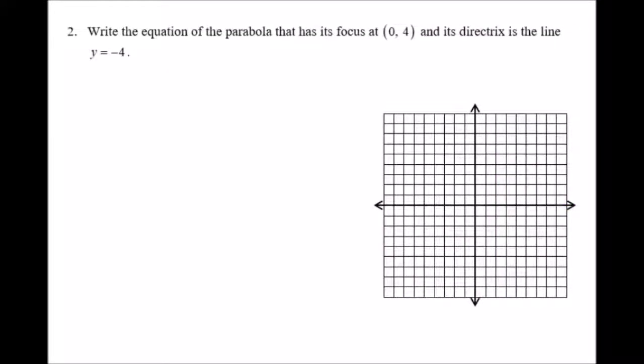Next, we have write the equation of the parabola that has its focus at (0, 4), and its directrix is the line y = -4. So, we know that the focus is (0, 4), and the directrix is y = -4. So from this, we can tell that this will be a vertical parabola.